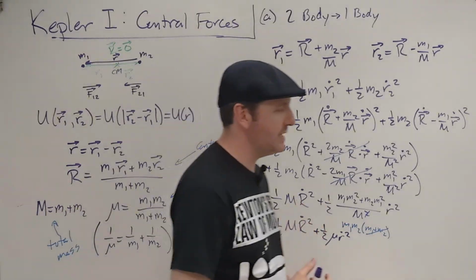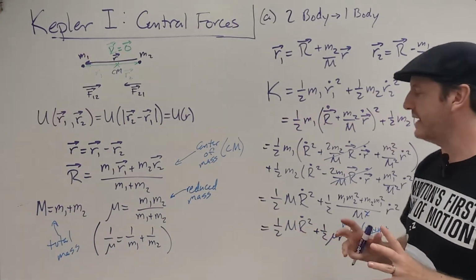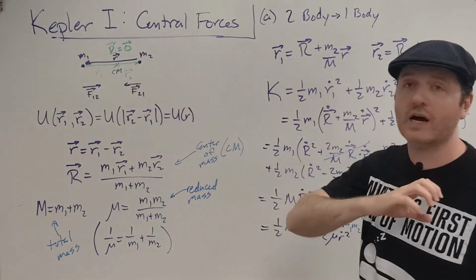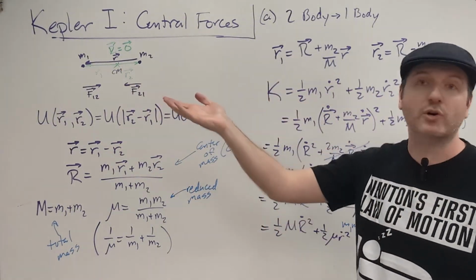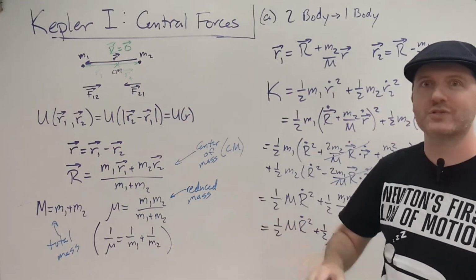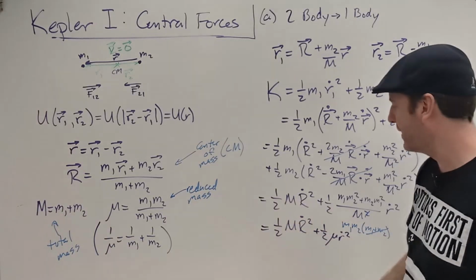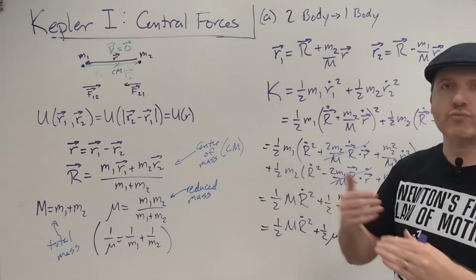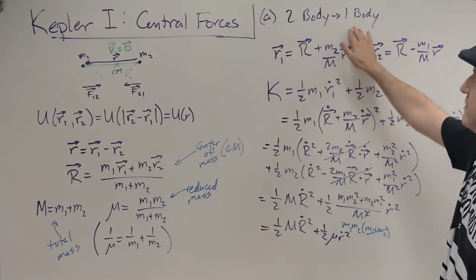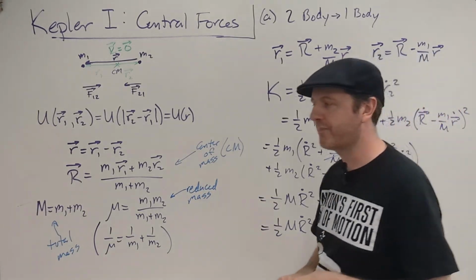And again, we see that the two types of dynamics have decoupled. The center of mass itself is not accelerating and is just flying through space, perhaps, although usually it's easiest to just set that equal to 0 and only look at relative motion. And then this r dot is the relative kinetic energy term. Again, we've seen that we've effectively reduced this to a one-body problem.